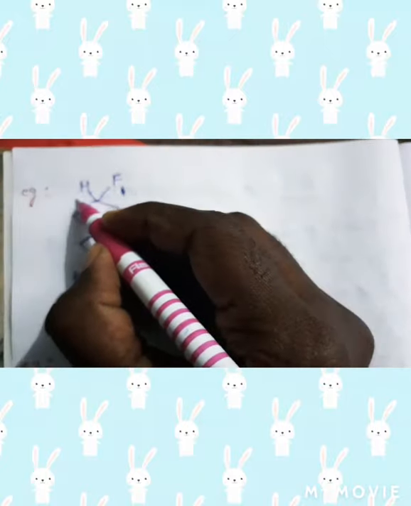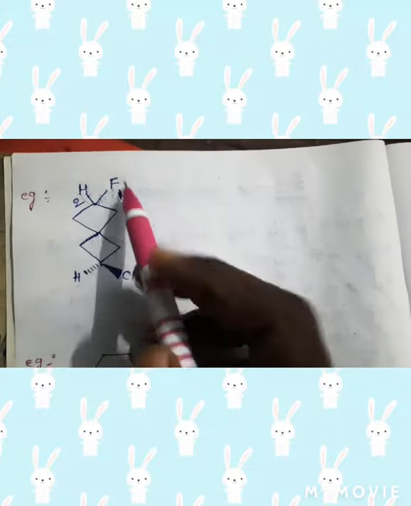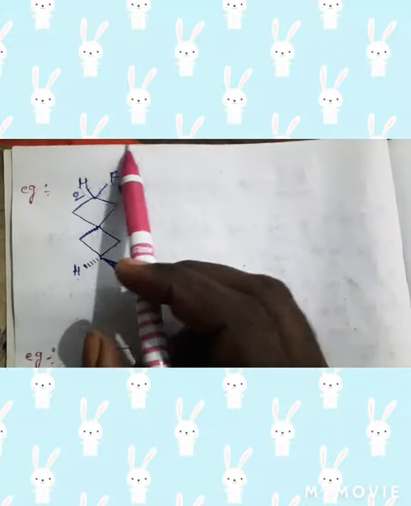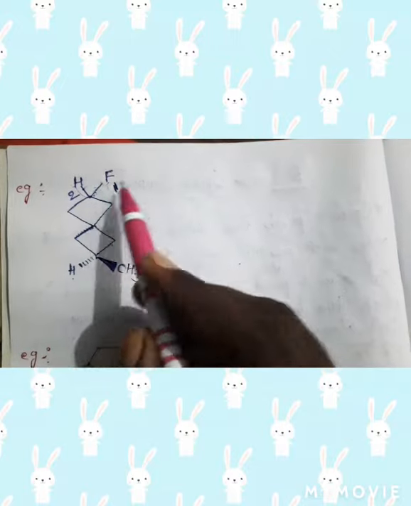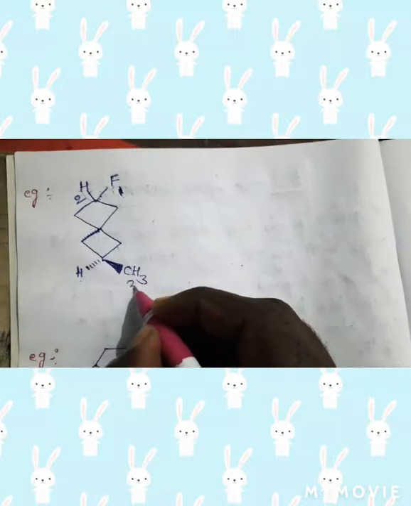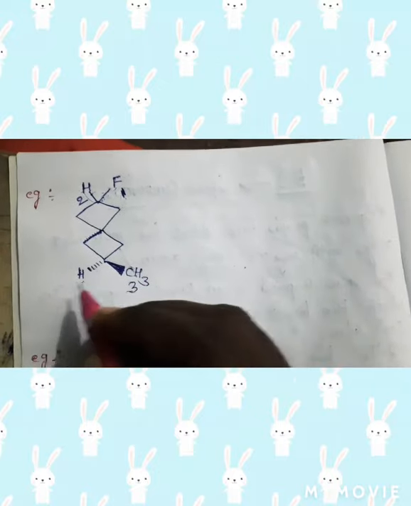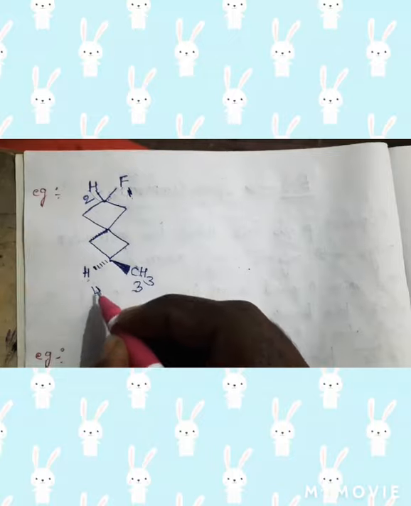Next 2 to hydrogen. The groups in plane are completed. Now we go to these two groups. Compared to hydrogen, carbon has the higher atomic number, so 3. Next 4.